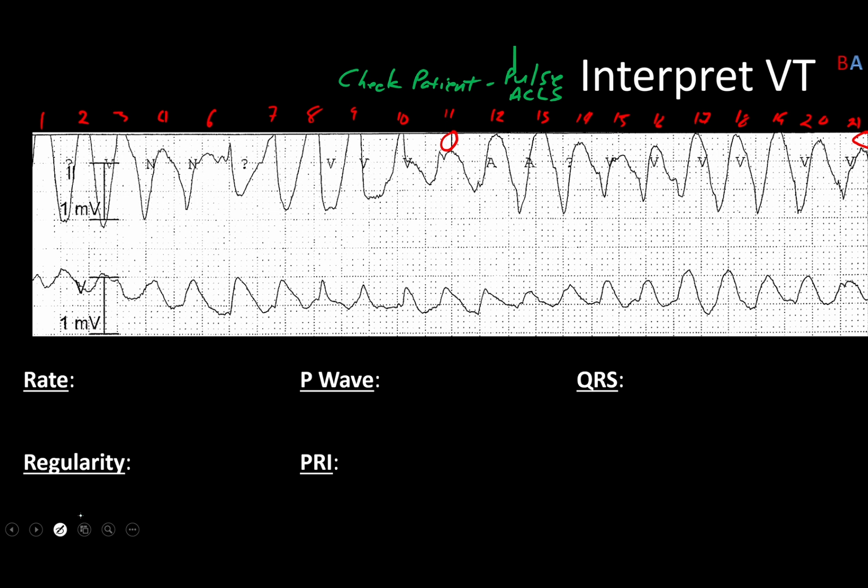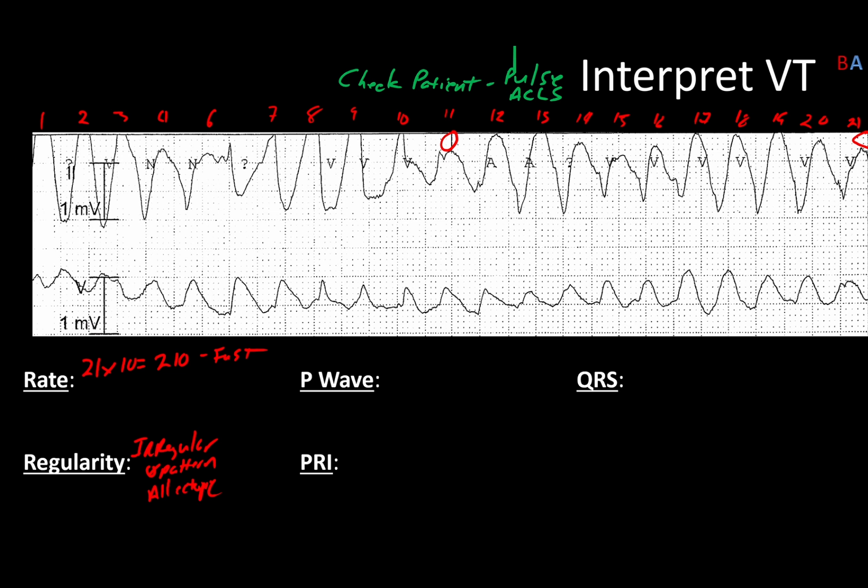Alright, so I pre-marked out the rates on here just because it was a little bit longer one. And we've got 21 times 10 gives us a rate of 210, so we're definitely fast. We are very irregular. There's no pattern. And it's all ectopic.